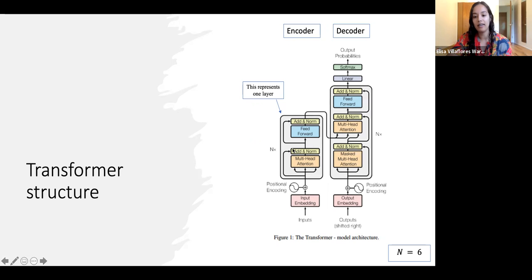And within these layers, they have what they call sublayers. So there are really only 2 sublayers to get to know. One is a multi-head attention sublayer, and the other is a feed-forward network. And then we have these add-and-norm sections, and these are just residual connections, which we talked about in a previous seminar. So let's go through each of these.